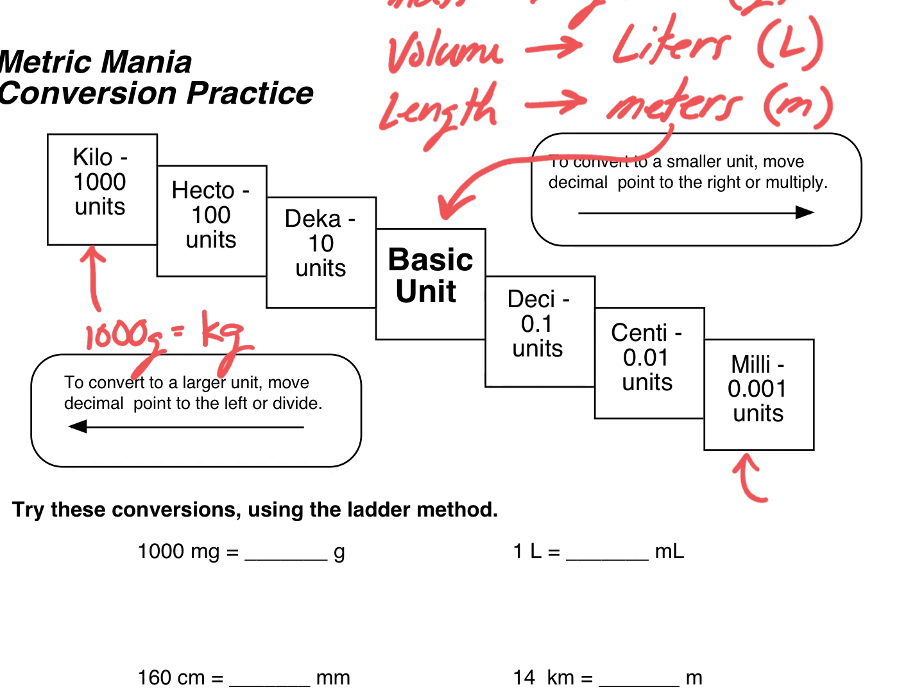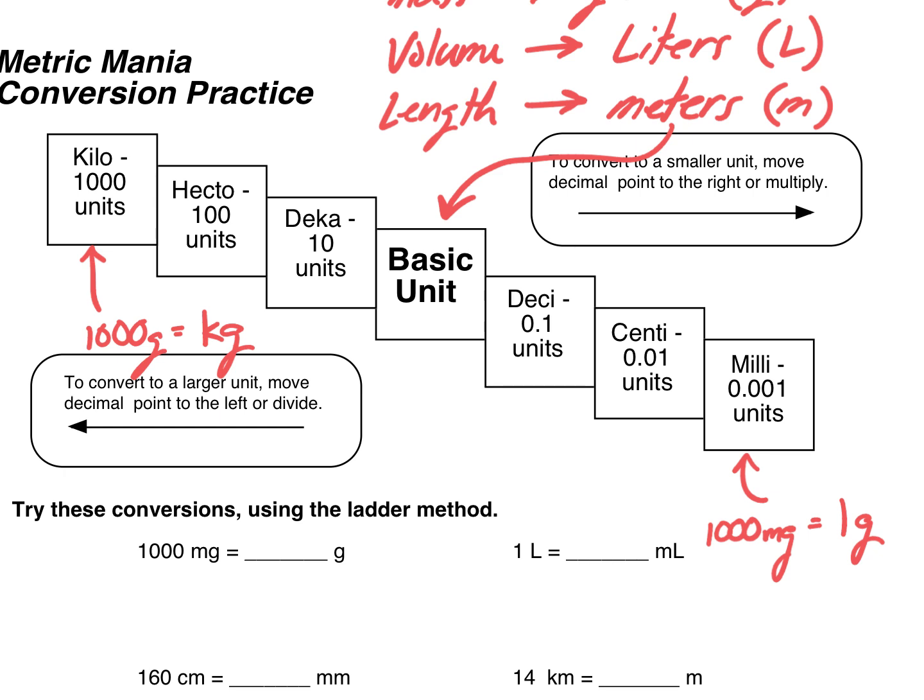Okay, or in other words, 1,000 milligrams is the same as 1 gram. Okay, so we're going to use prefixes along with the base units to describe masses that are very large or very small. Okay, and we're going to get lots of practice doing this.